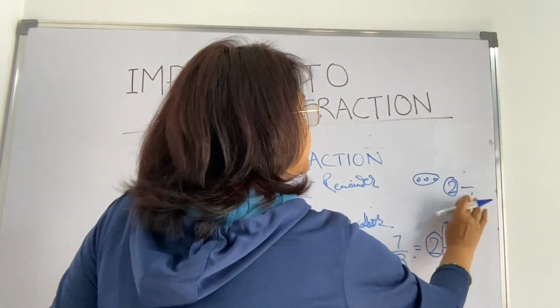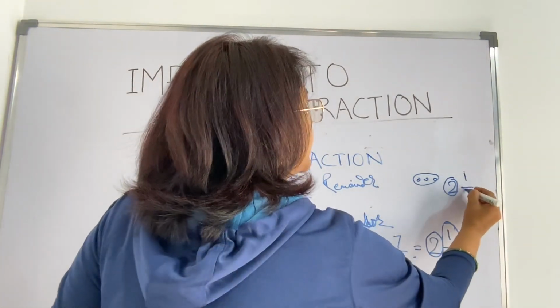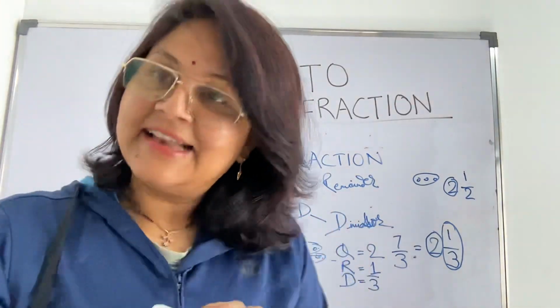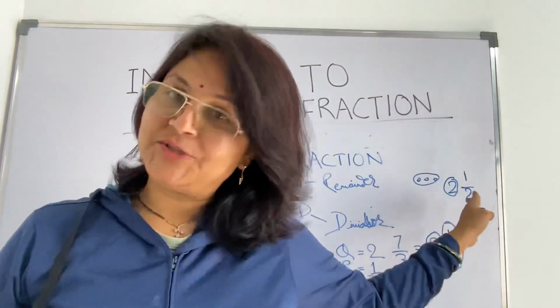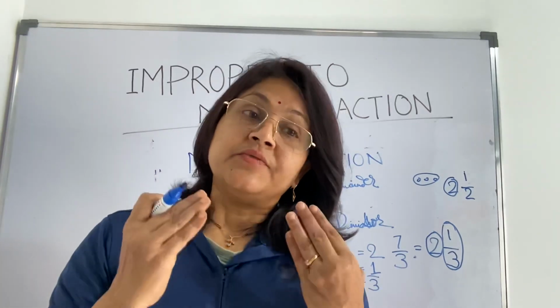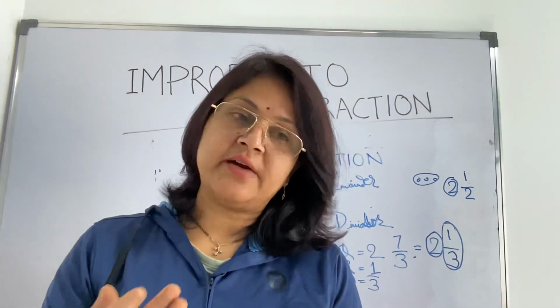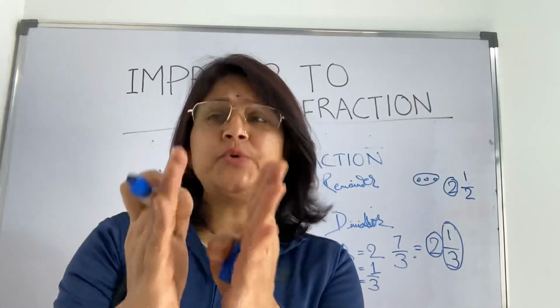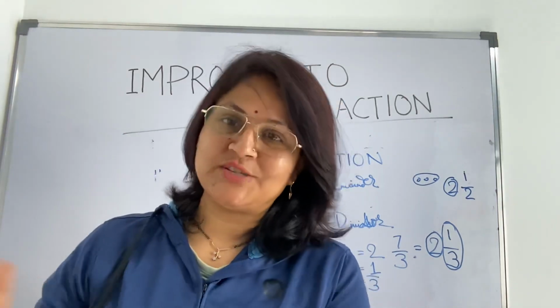So this should be like 1 by 2, which we can accept. And as I was writing 2 by 4 or 4 by 2, the next step is to make the students understand how to reduce the fraction to its lowest form.